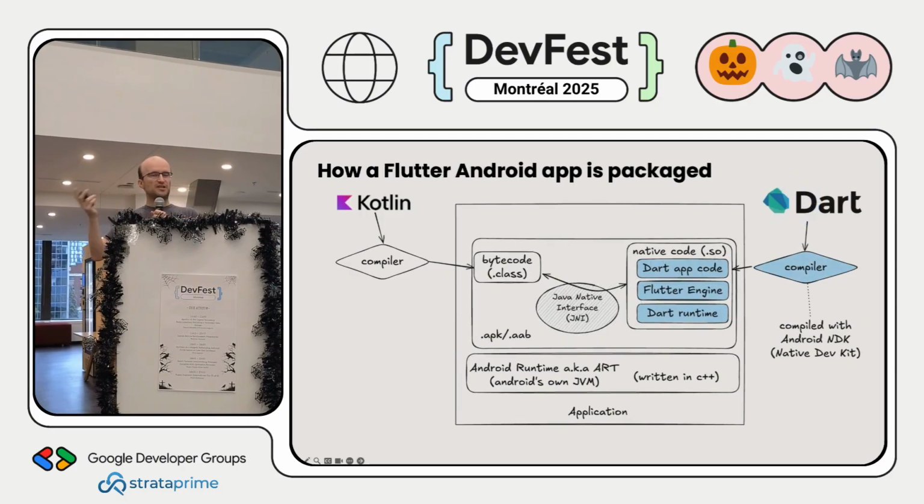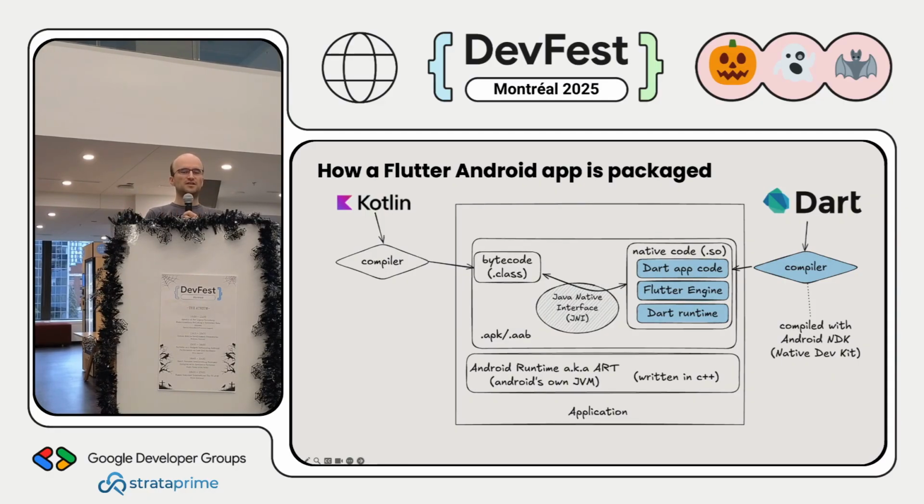Now, if we compare that to Dart, once we understand everything, it's quite similar. So basically, if you would have Kotlin code, it would be a bytecode class, but in Flutter, you likely don't have too much Kotlin. You have mostly Dart. So Dart is compiled ahead of time, and it outputs, as we saw, native code.